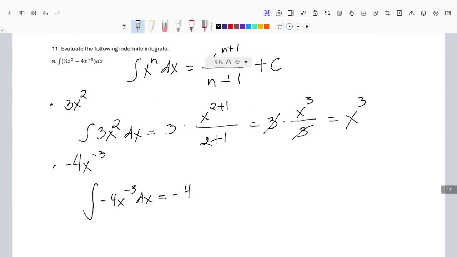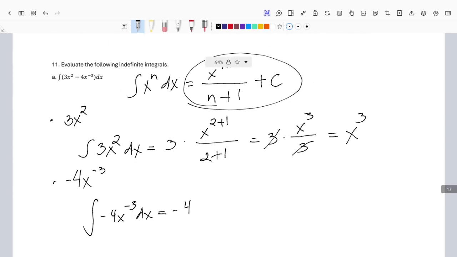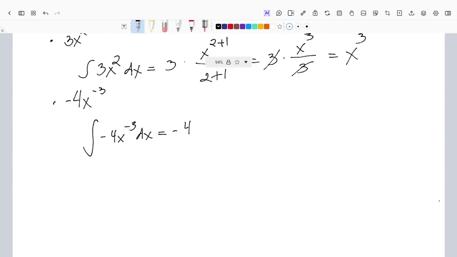Let's refer to our formula, our rule of integration, then x^(negative 3 plus 1) over the denominator, which equals the exponent of our numerator, negative 3 plus 1.